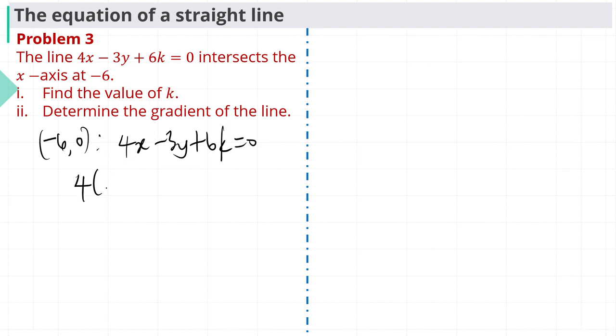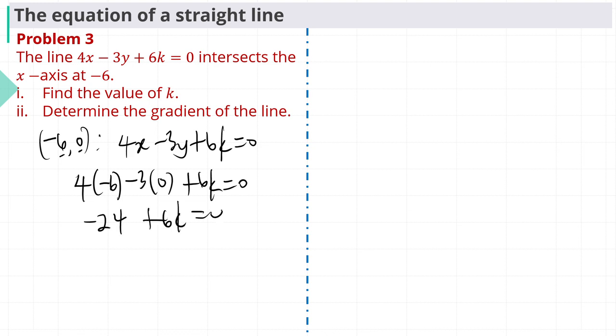So 4 multiplied by the x coordinate minus 6, minus 3 multiplied by the y coordinate 0, plus 6k equals 0, and that gives minus 24 plus 6k equals 0, which in turn gives 6k equals 24. Dividing both sides by 6, we get the value of k to be 4.